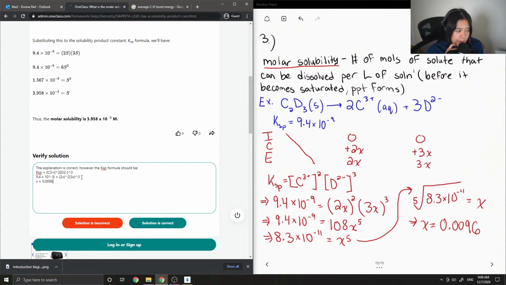And then I showed what the expression should look like. Let me try to put this in square brackets. Maybe it'll be easier to read. I might as well write the next line to make it a little more clear.